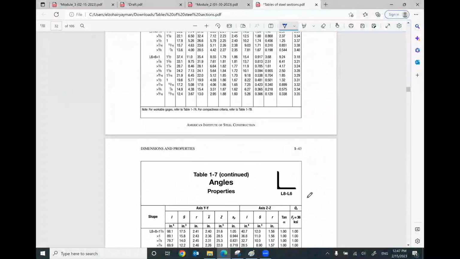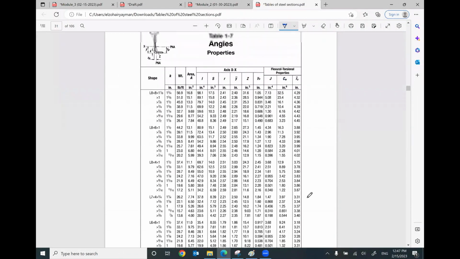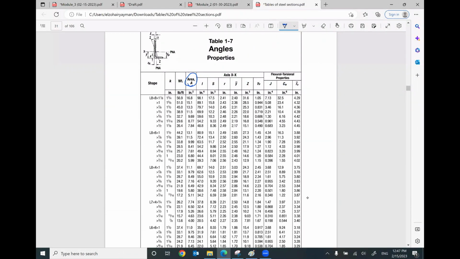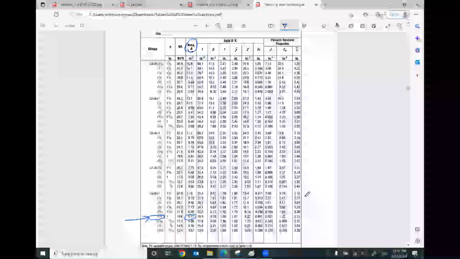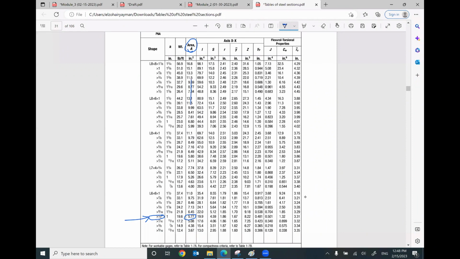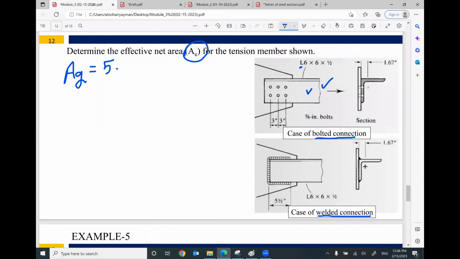It's not this table. Probably we need this table. It will give you the area. So 6 by 6 by 1/2, this one, and your area will be 5.77. Here you go. So your area for this one will be 5.77 inches square.